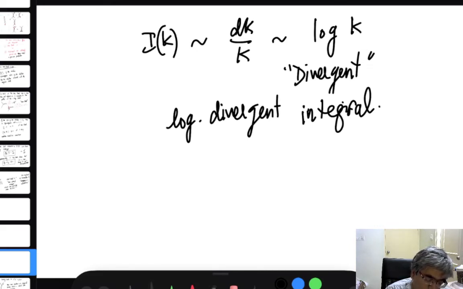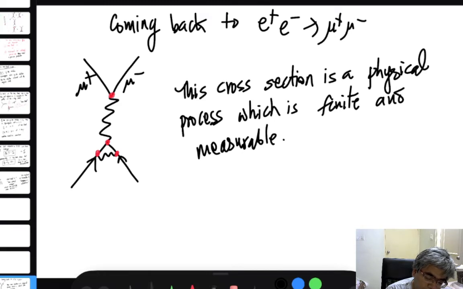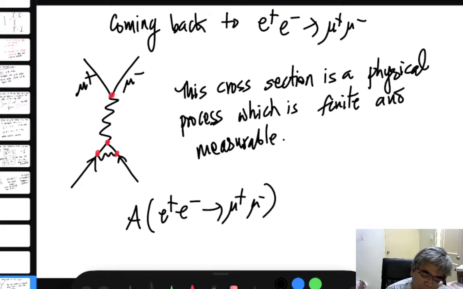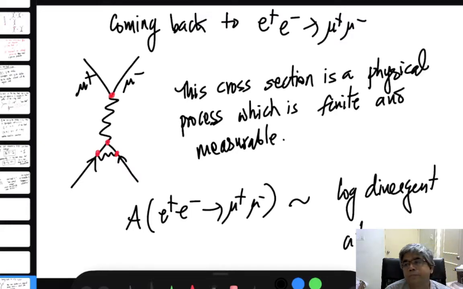Now if you put this particular vertex correction in, the amplitude for e plus e minus going into mu plus mu minus will be log divergent at order alpha square.